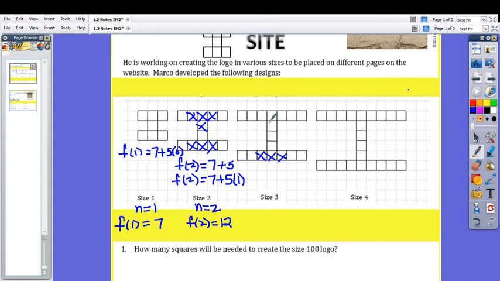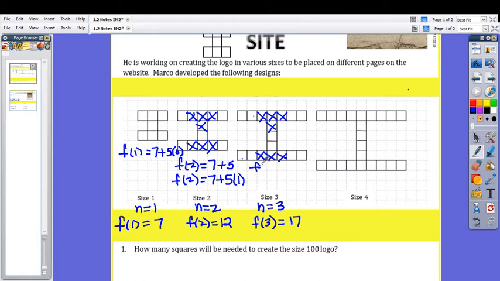So initially we had again 7. This time your n is 3, and if you count all of them, f of 3 will be 17. There are 17 of them, because if you think about it, you had 1, 2, 3, 4, 5 here, but this time you're adding another set of 5 to that.